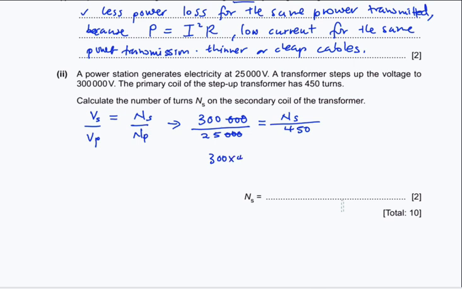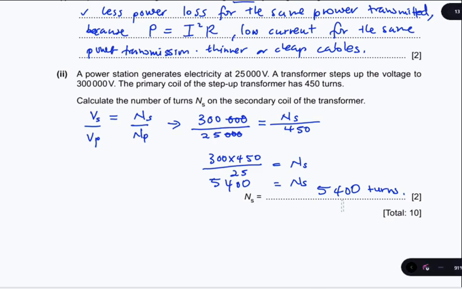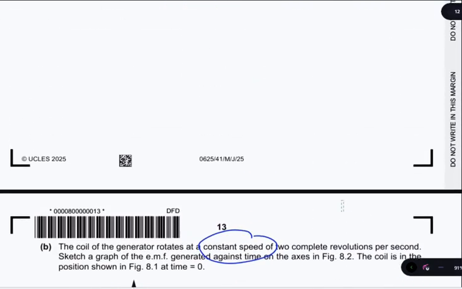Then we have 300 times 450 divided by 25. This will give us Ns. So if you use your calculator there, you will get 5,400. Ns is equal to 5,400 turns. Right, I hope we got this right. Okay.